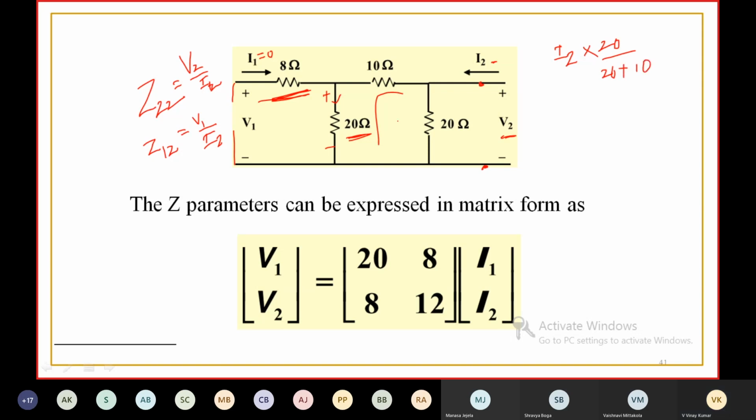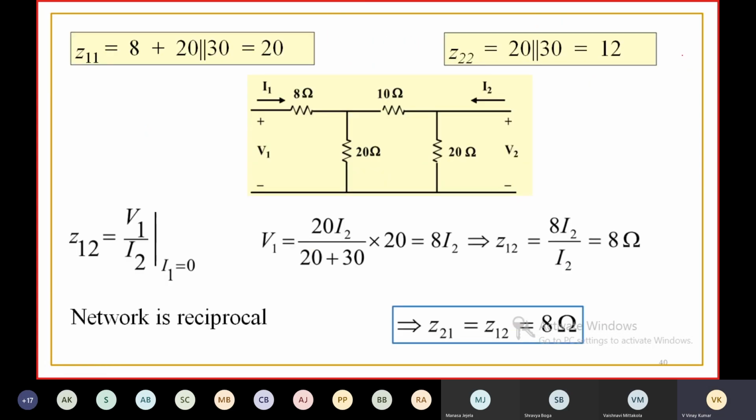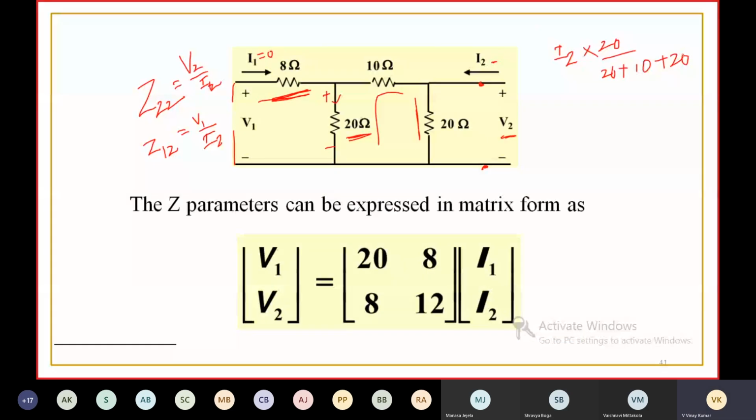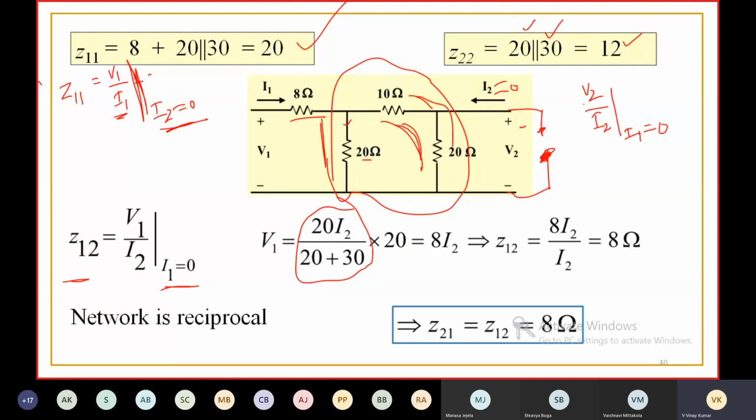10. This is the opposite resistance. The total resistance will be 20 plus 10 plus 20, that is 20 plus 30, both are the same. This is the current flowing through the 20 ohm resistance. So current multiplied by resistance gives 8I2. Then the ratio of V1 to I2 is equal to 8.